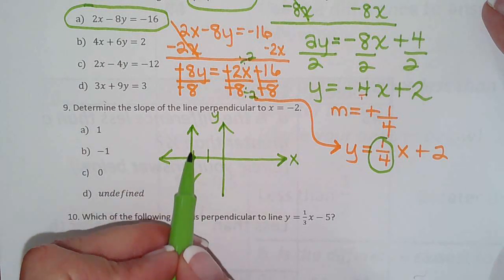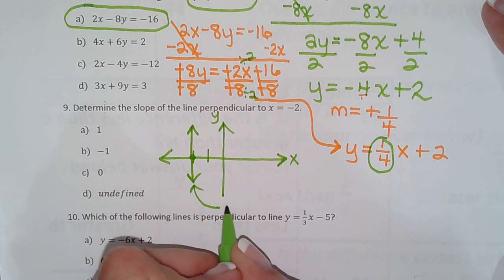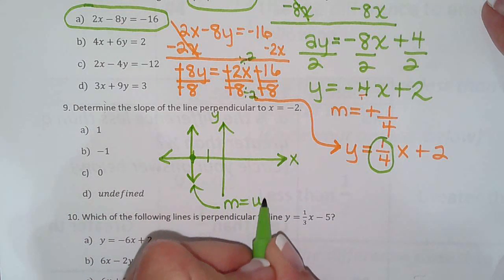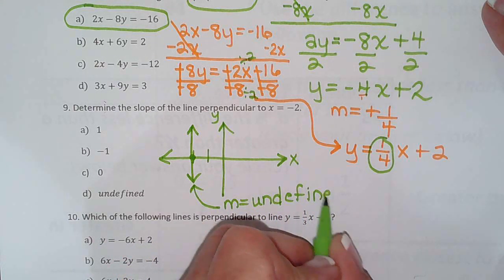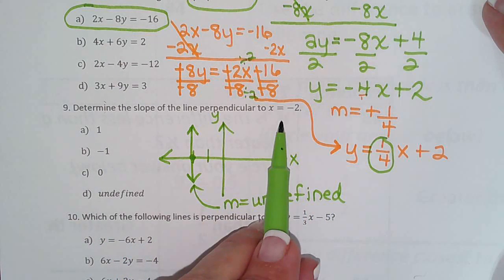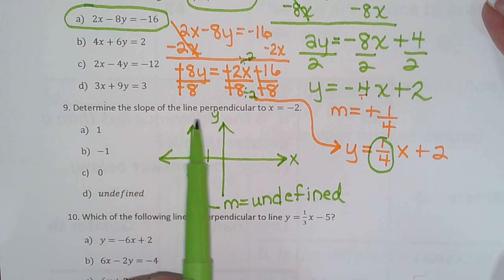So what is the slope of a vertical line? Is there any skiing on that? No skiing. So this one's slope is undefined. And that's something you should have memorized by now. How to graph a vertical line, and that vertical lines have an undefined slope. But that's not what the question's asking.